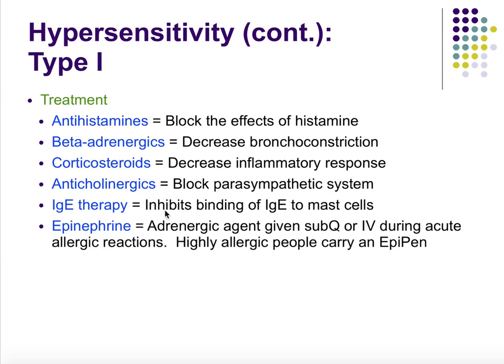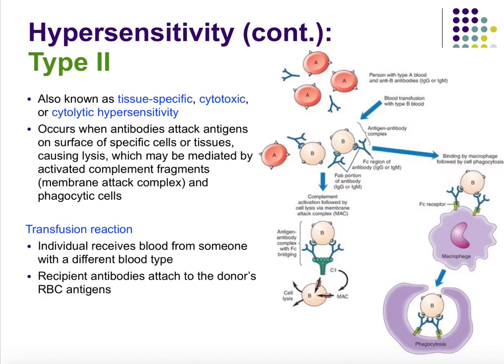IgE therapy, because this is all really initiated by the creation of those IgEs binding to the mast cells. And then epinephrine. So highly allergic people really should carry an EpiPen. It's given either sub-Q or IV, and it causes bronchodilation and vasoconstriction to make sure you can breathe and that your blood pressure doesn't fall too far and put you into shock.